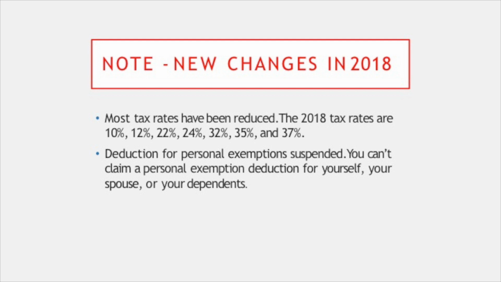However, the big provision that affects foreign students the most is that there no longer is an amount for personal exemptions, or in other words, the personal exemption deduction is zero. The term is still there, but there is no amount for personal exemptions. And for many foreign students, this is one of the major deductions they had against their income.